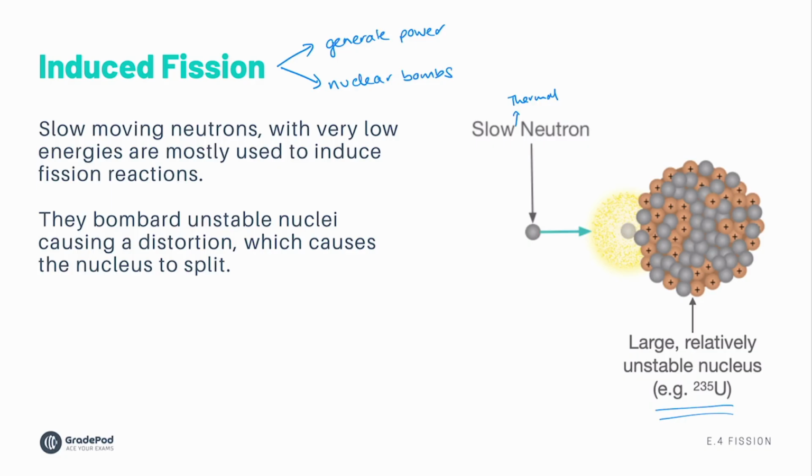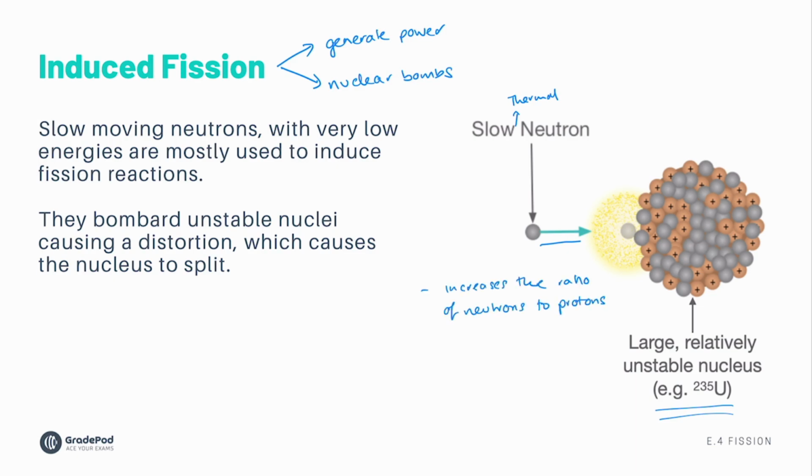And by bombard, I mean we slowly direct it towards that large, relatively unstable nucleus. By introducing this slow neutron, we increase the ratio of neutrons to protons.